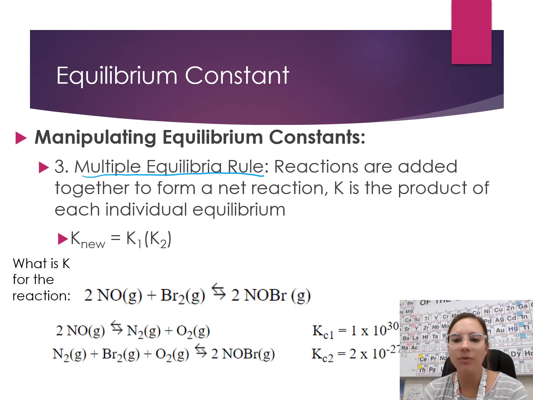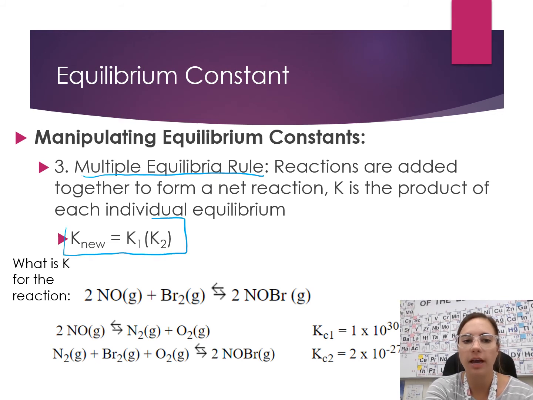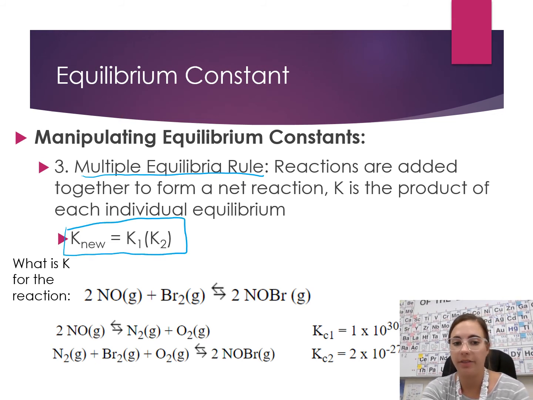If I can add reactions together to get a new reaction, then the new K value is equal to the other K values multiplied together. So if this is the overall reaction I want to know my K value for, now if I look at these two reactions, I want to know how I can manipulate them. Do I need to reverse them? Do I need to do anything? Or do they just add up to the overall reaction?